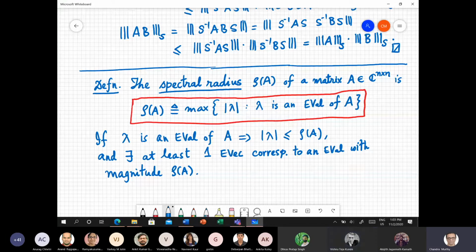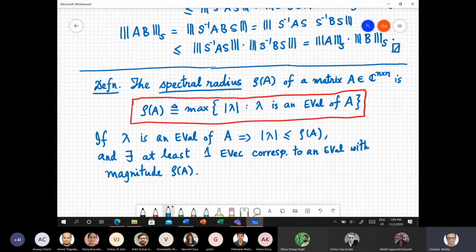The point is that given any n cross n matrix, it will always have n eigenvalues. Some of these may be real valued, some of them may be complex valued. Since complex numbers are a generalization of real numbers, we can say that any n cross n matrix will have n complex valued eigenvalues. Some of these eigenvalues may be repeated. We'll see this later, but corresponding to every distinct eigenvalue, there will always be at least one eigenvector.